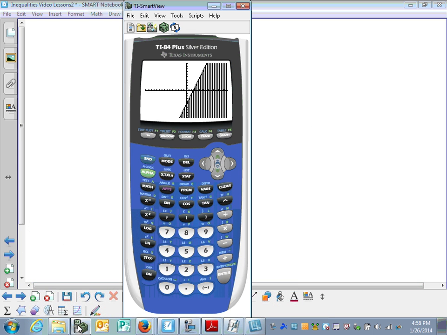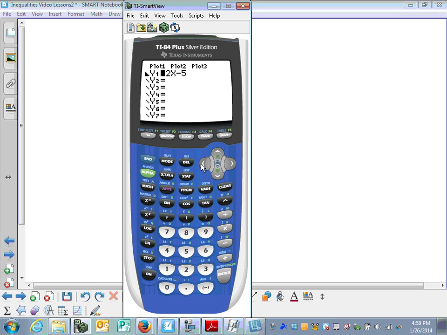So we're going to be using our graphing calculator to graph inequalities. To do that, we need to look at how to set the calculator. So go into y equals and toggle all the way to the left, and your line should be flashing. Hit enter, you'll get a thick line.